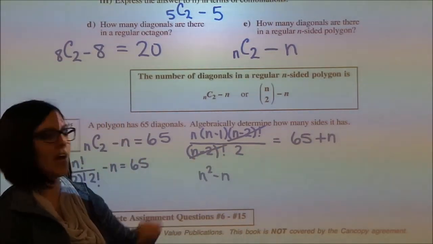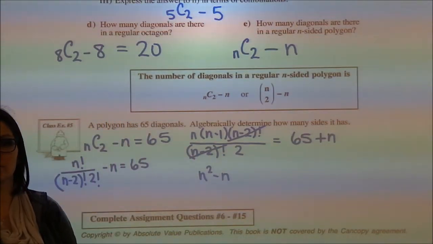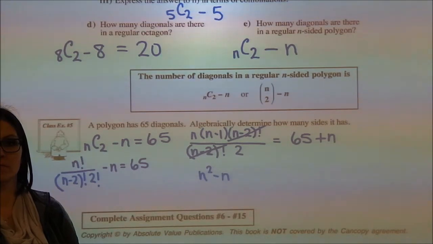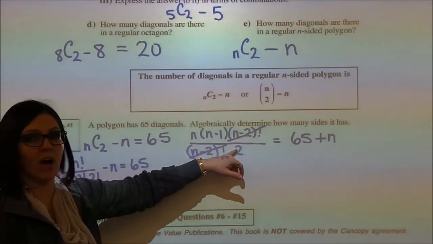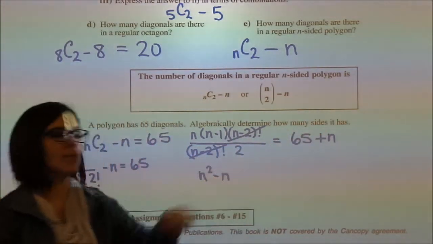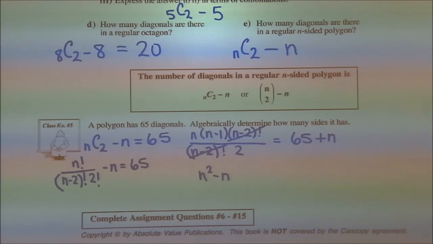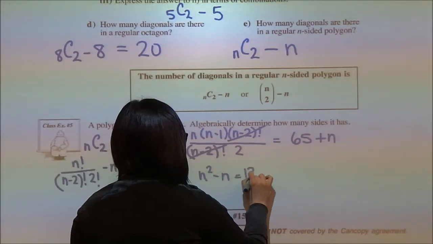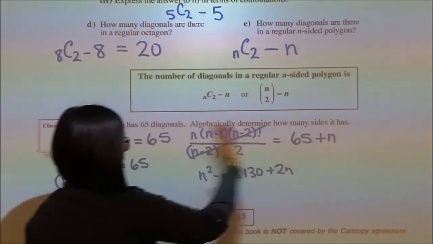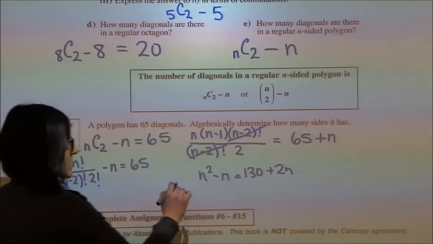And how do I get rid of the dividing by 2? Multiply by 2. So I multiply this side by 2 and it's gone. When I multiply this side by 2, what do I get? 130 plus 2n. 130, and then I bring everything back over to the other side.